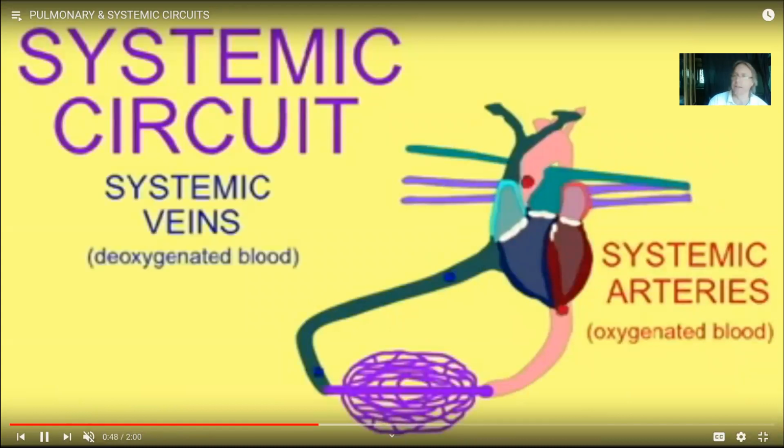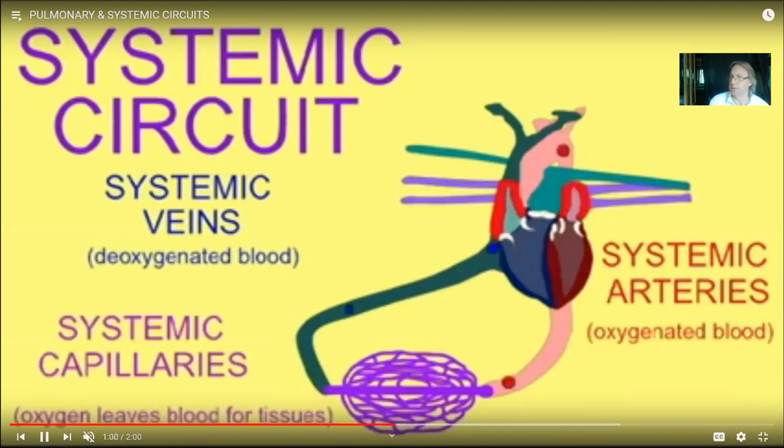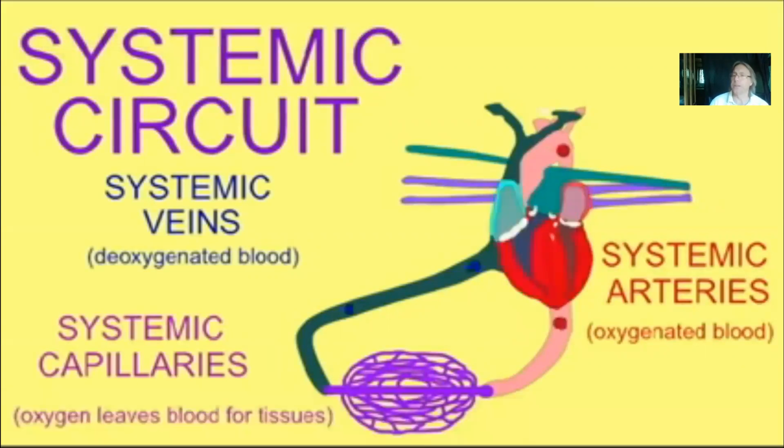So the brain, the digestive system, the urinary system, the muscular system, etc. And in this systemic circuit, it is the arteries that have the red oxygenated blood and the veins which have the blue deoxygenated blood.